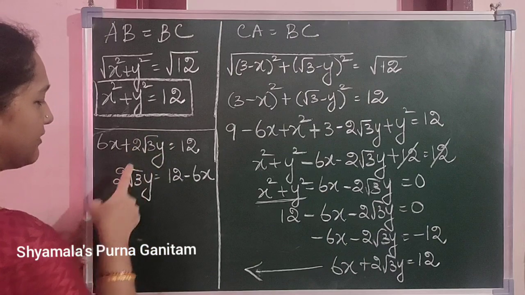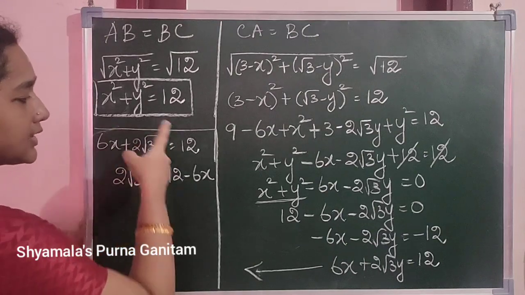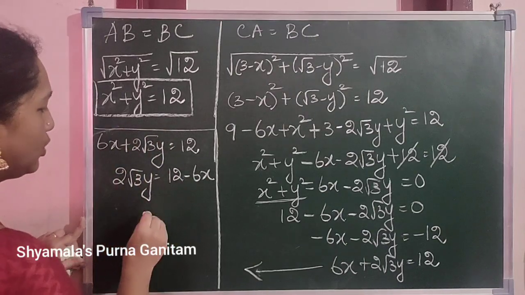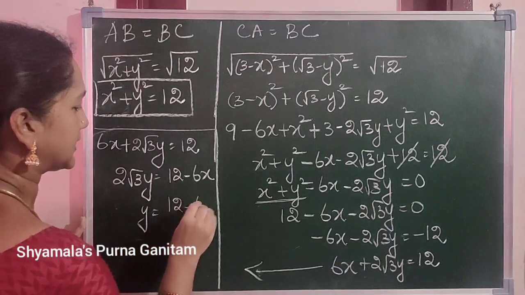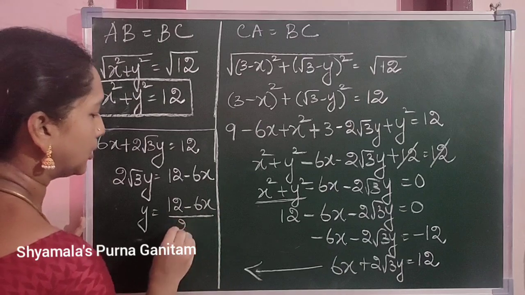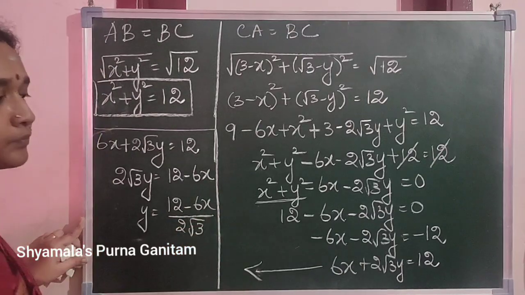I am keeping this y value as it is and bringing the 6x to the other side. So y = (12 − 6x) / (2√3).